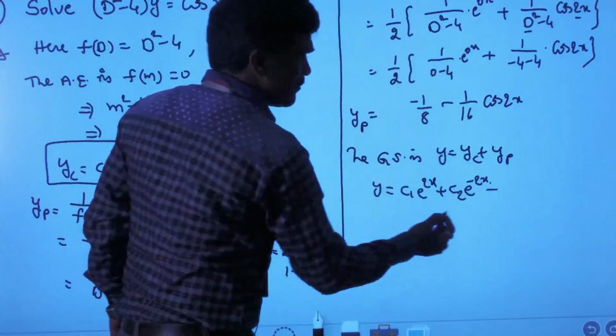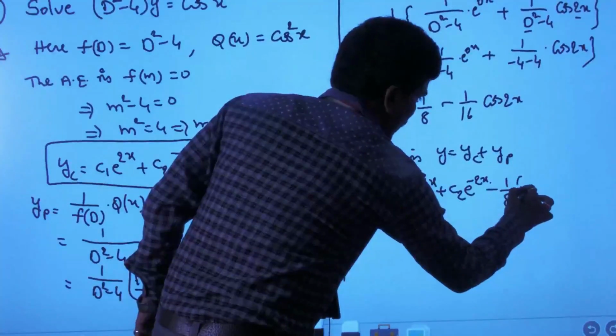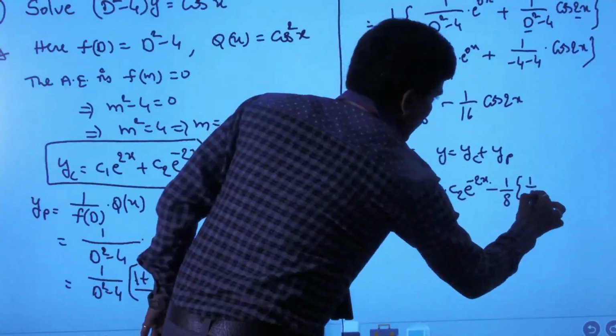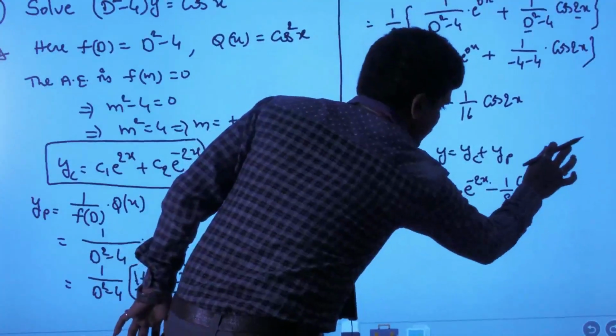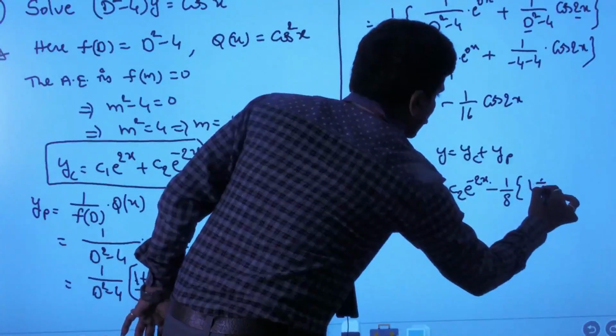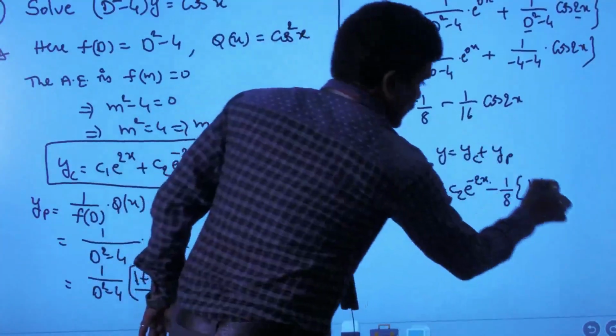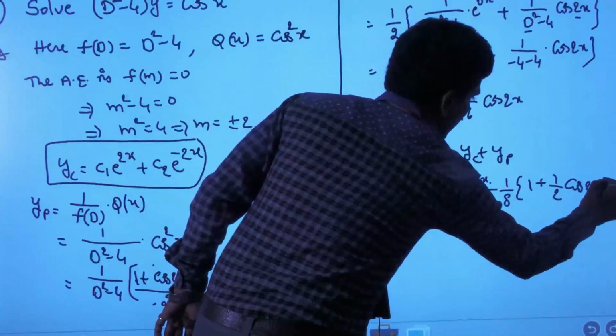What is yp here? Minus 1 by 8 is common, so we write 1 by 2 plus 1 by 2 cos 2x.